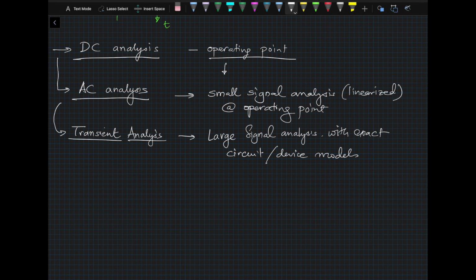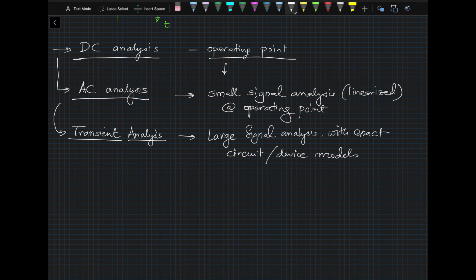Although nowadays the compute power has increased so much that all three don't take as much time. In the old days when I was designing circuits, we would do DC analysis, AC analysis, and then at the end of the day, when going back home, I would run a transient analysis on the whole circuit.